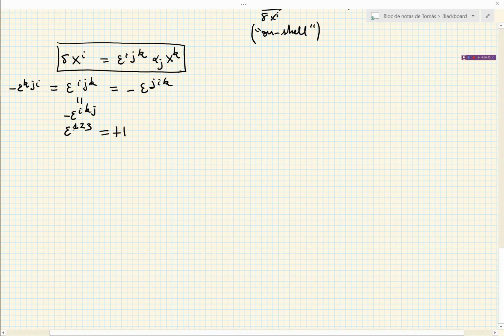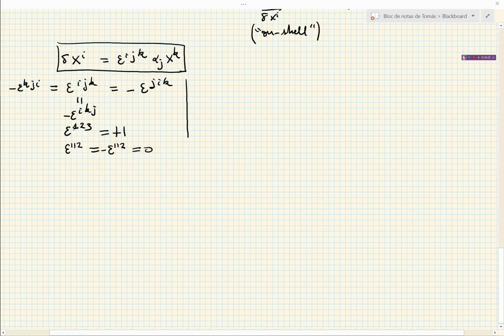Now, this is enough to know all the components of this symbol, because first of all, because it is completely antisymmetric, if any two indices are repeated, so for instance, what is the component 1, 1, 2? Because of this property, if I interchange i and j, I get a minus sign, then this is equal to minus epsilon_112. This means that it has to be 0.